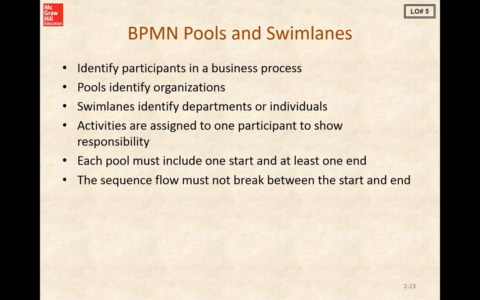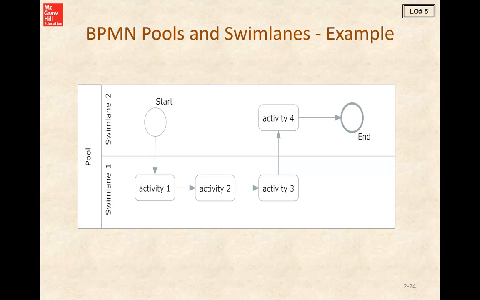Okay, so the pool identifies the organization. And if we were to map just a pool and have different swim lanes, those would represent the different departments or individuals involved in the business process. Activities are assigned to one participant to show responsibility. Each pool must include one start and at least one end, and the sequence flow must not break between start to end.